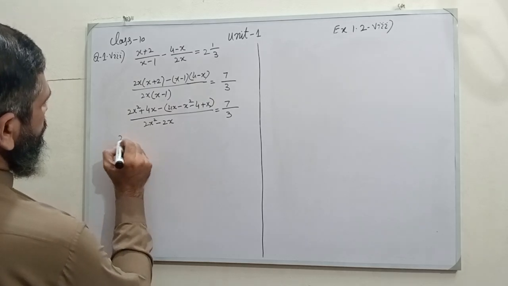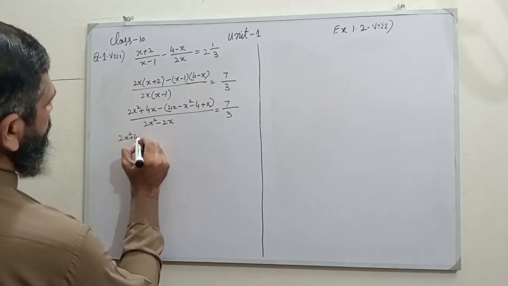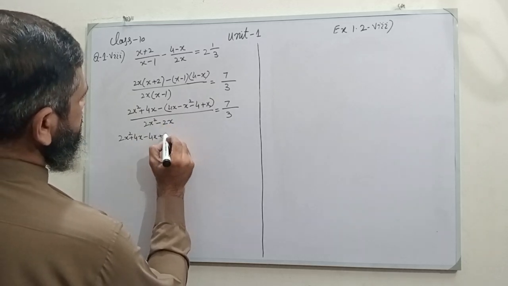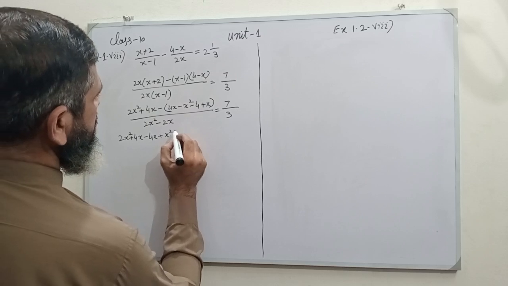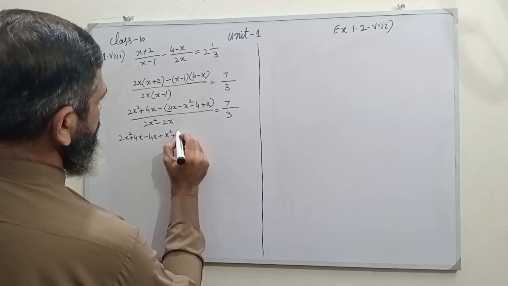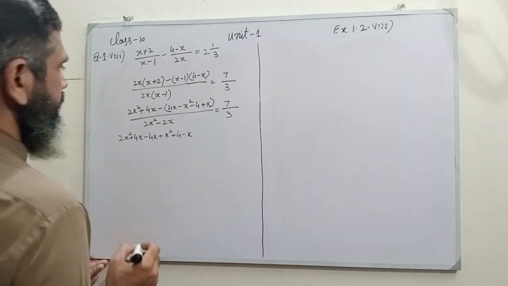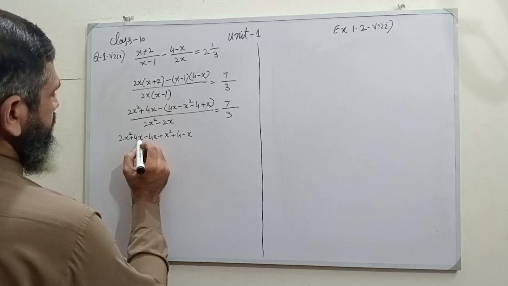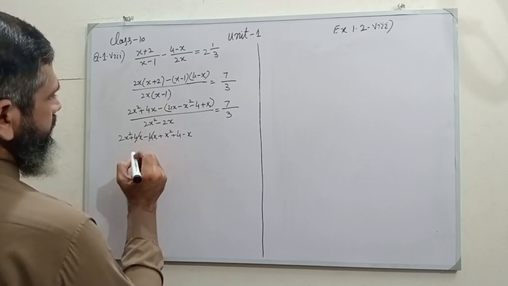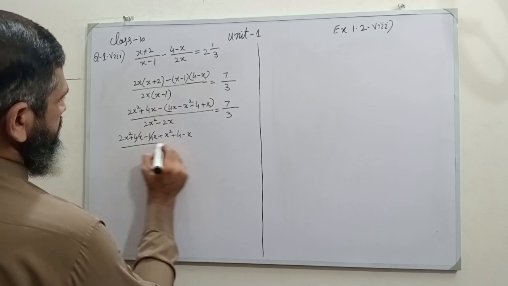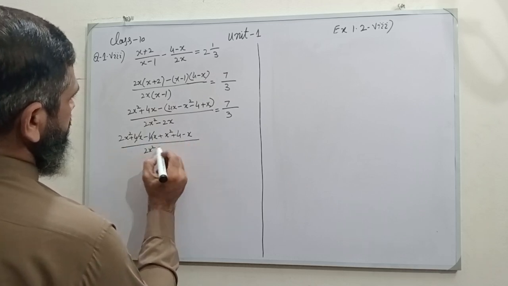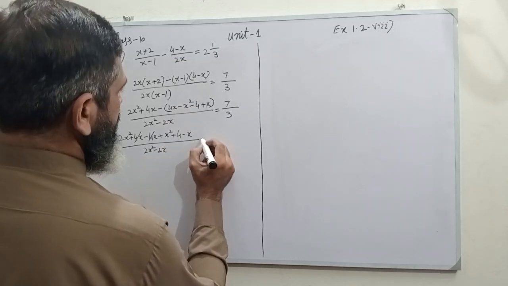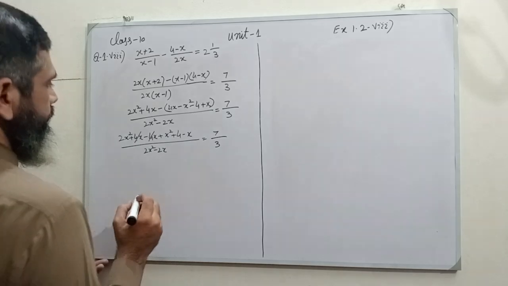So here 2x square plus 4x minus 4x plus x square plus 4 minus x. Okay, this one plus 4x with minus 4x, 2x square minus 2x is equal to 7 over 3.